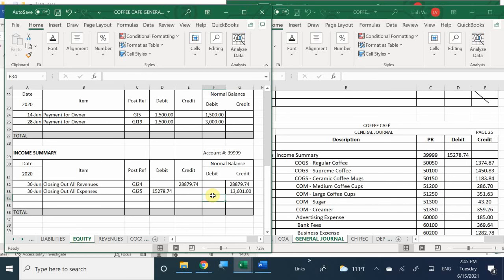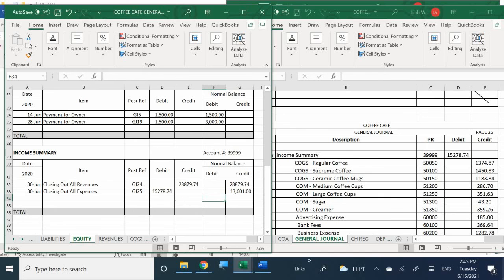You debited it. I found it. Net income. There you go. It is the net income that we calculated.